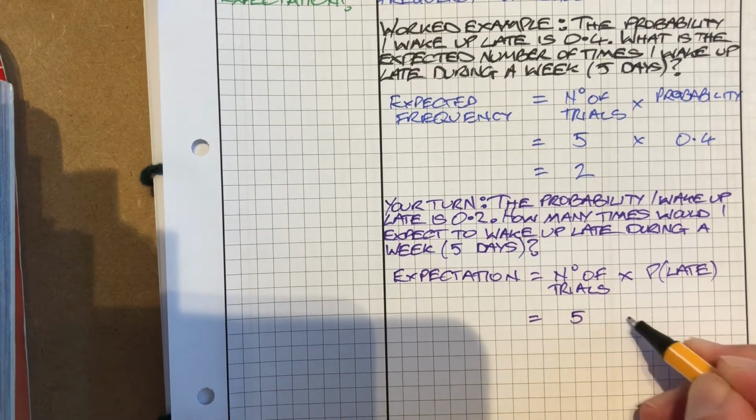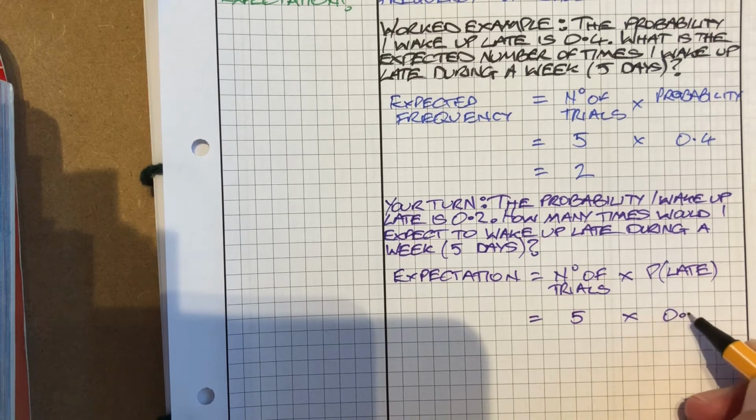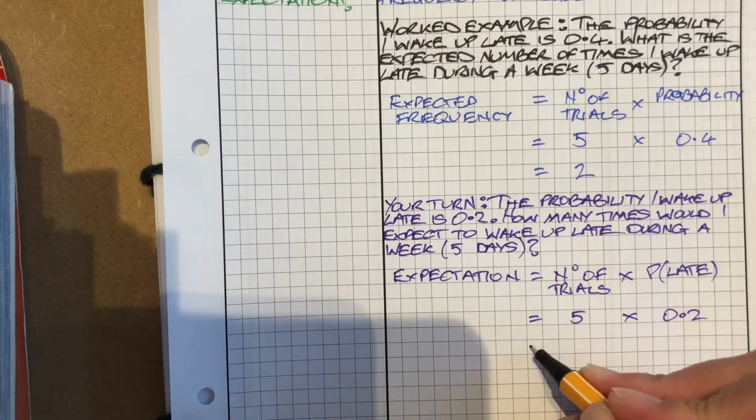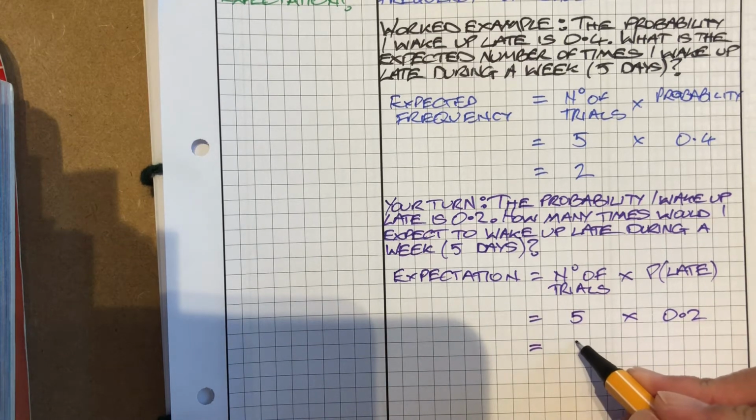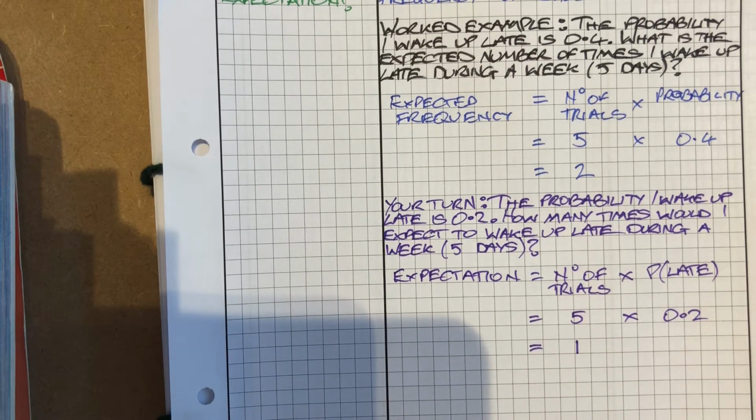So that's 5 times 0.2. 5 times 2 is 10, so 5 times 0.2 is 1. Or you could notice that as the probability is half the previous time, then the answer is also half the previous.